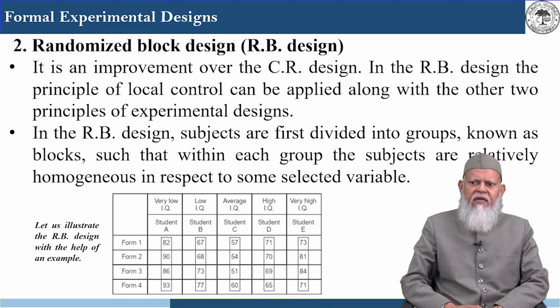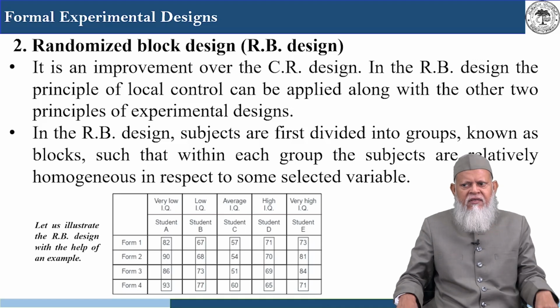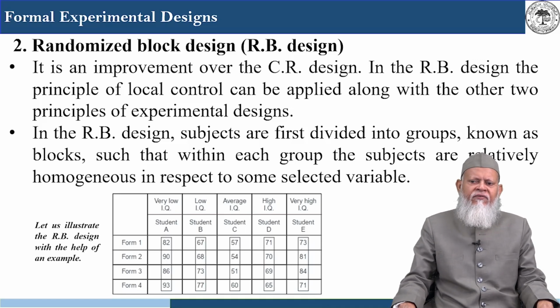In the randomized block design, the principle of local control is applied along with the other two principles of experimental design, that is, replication and randomization. So, here we are observing the application of all these three principles of experimental design.